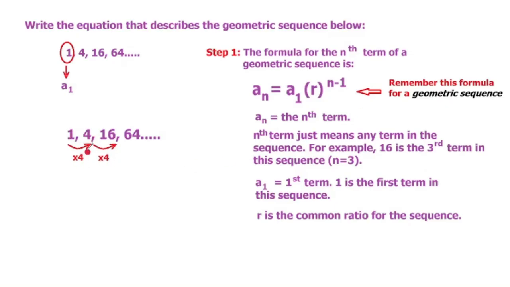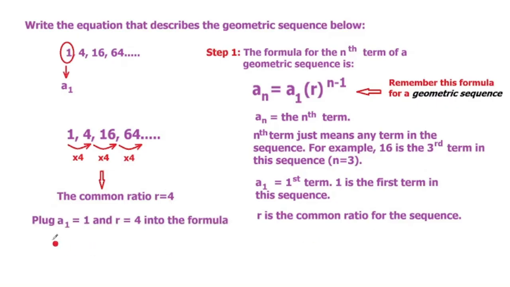And then if we go from here to here, 16 over 4 equals 4. And then from here to here, 64 over 16 equals 4. The ratio is always 4. So that means our r, the common ratio, equals 4.